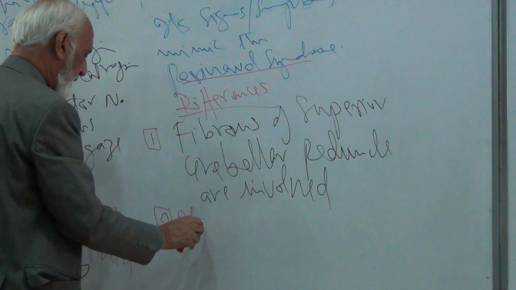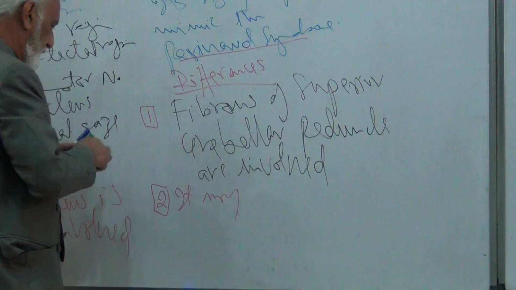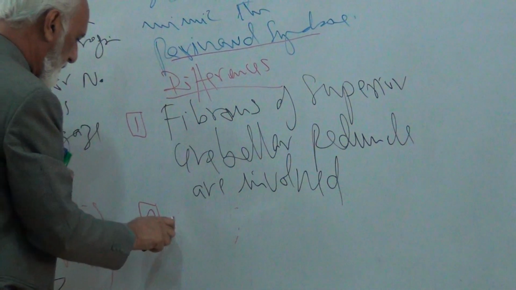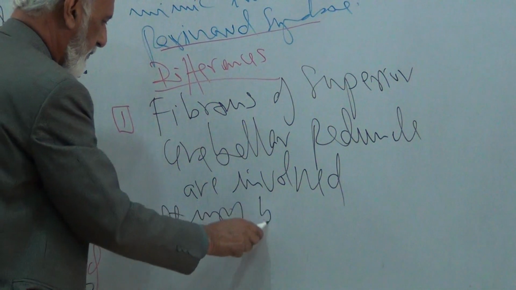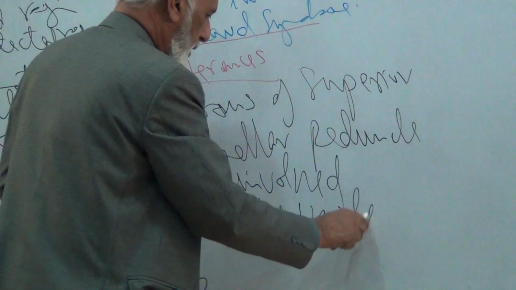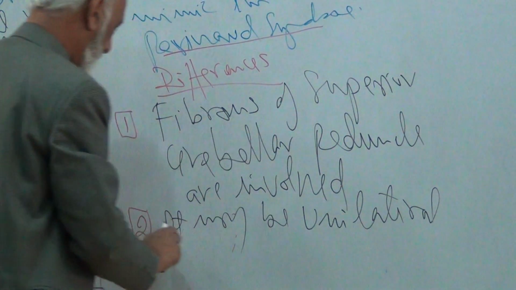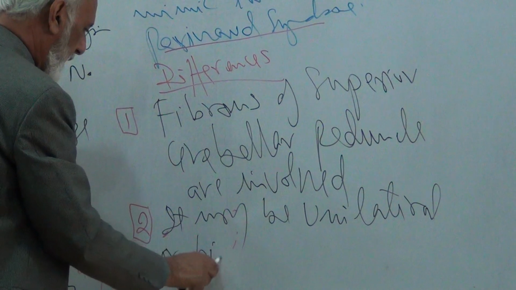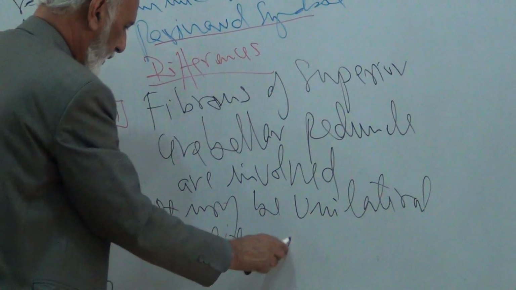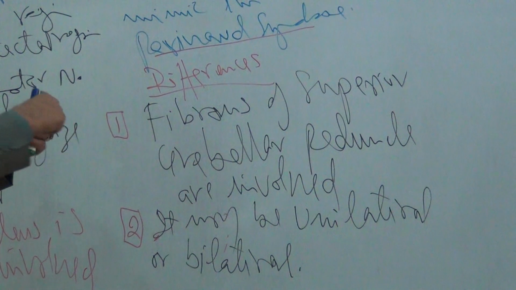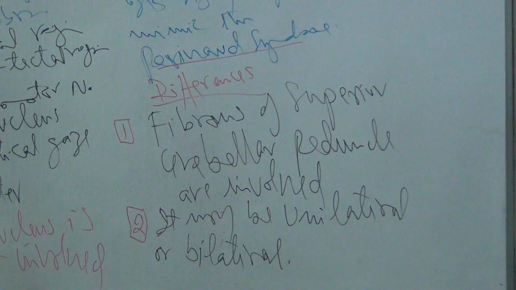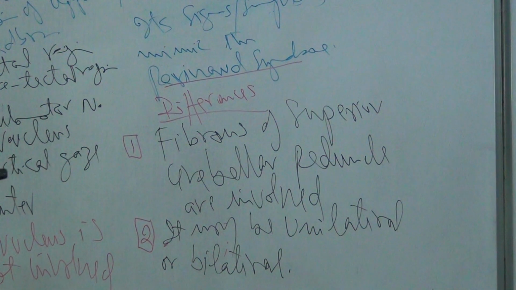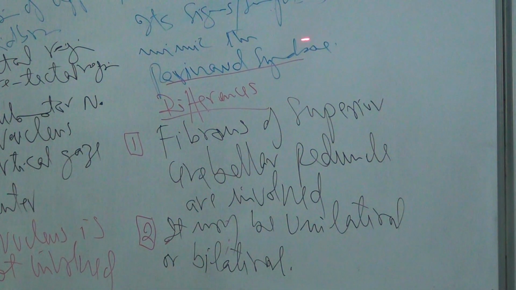Number 2, it may be unilateral or bilateral. These are two differences of the Nothnagel syndrome from Parinaud syndrome.